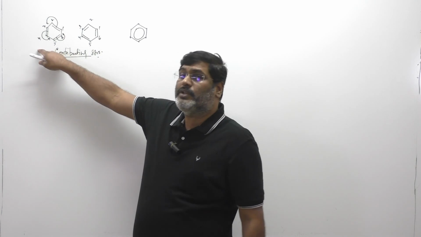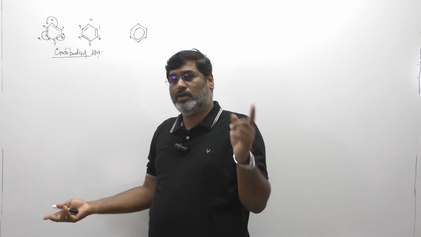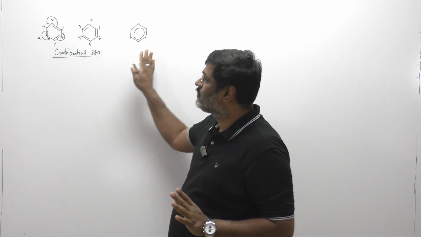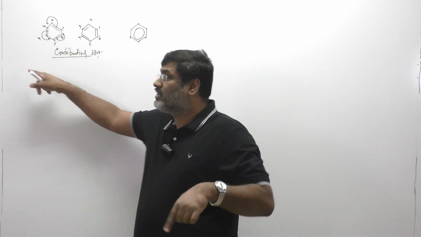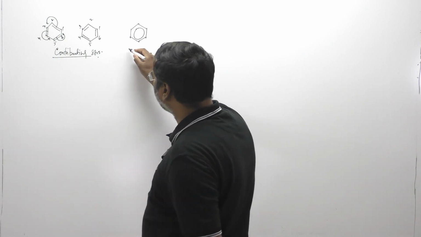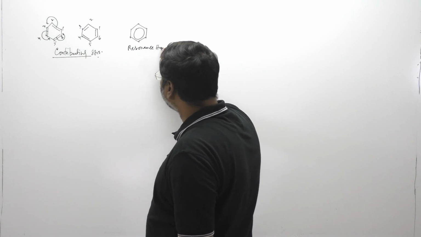It does not represent actual benzene. We write this, but it is not the correct representation of benzene. This is also not. This is. That is called a canonical structure, and this is called the resonance hybrid.